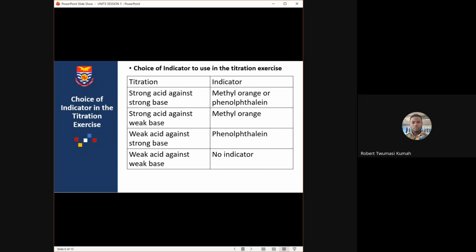And so we go for indicator that works best in acidic region, and that is methyl orange. If we are doing weak acid against strong base, we expect a resulting solution that is slightly basic. So we go for phenolphthalein that is good in basic region. However, if we are doing between weak acid and weak base, then we've not got an indicator for that.